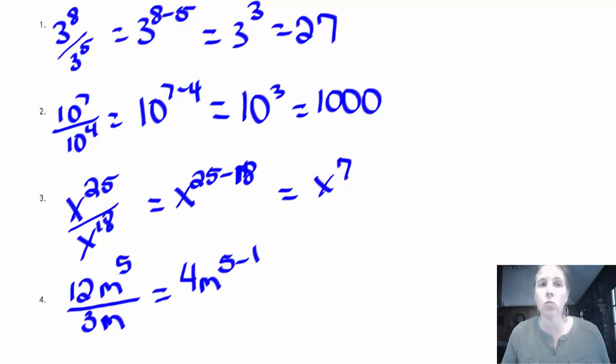Remember, this is really a 1 right here. So 5 minus 1, and this is all over 1 if you want. So this is going to be 4m to the 4th. That's it.